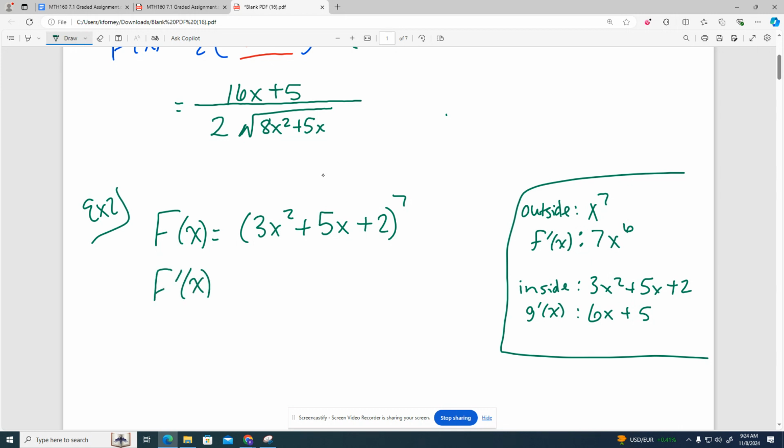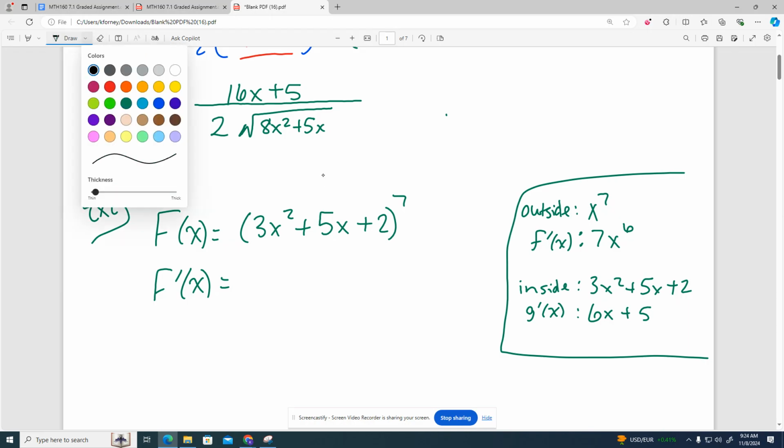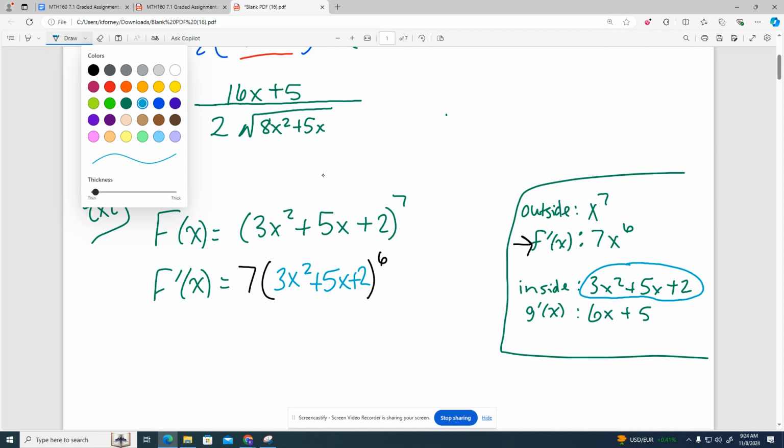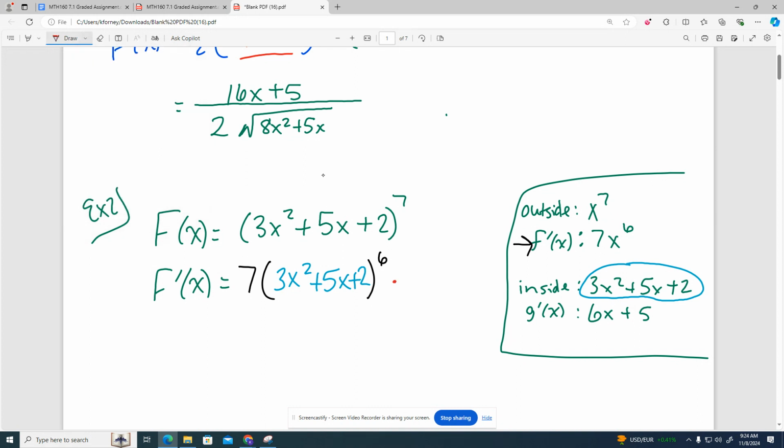So when we take the derivative, we start with the derivative of the outside function, but where there is an x, we put parentheses because we're going to compose it with the inside function. And then multiply it by 6x plus 5.